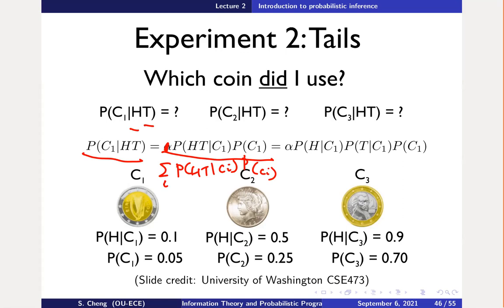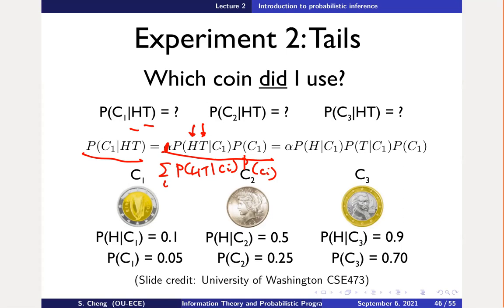You see, the only difference is that I have these two events: tossing the coin the first time, and tossing the coin the second time. They're conditionally independent given which coin you're tossing, right? It's kind of obvious.